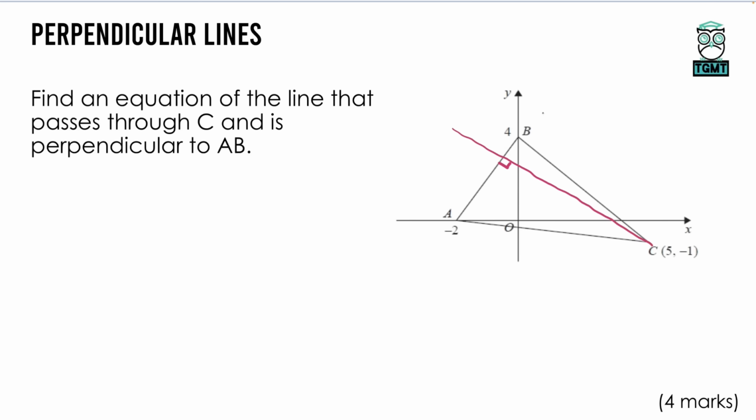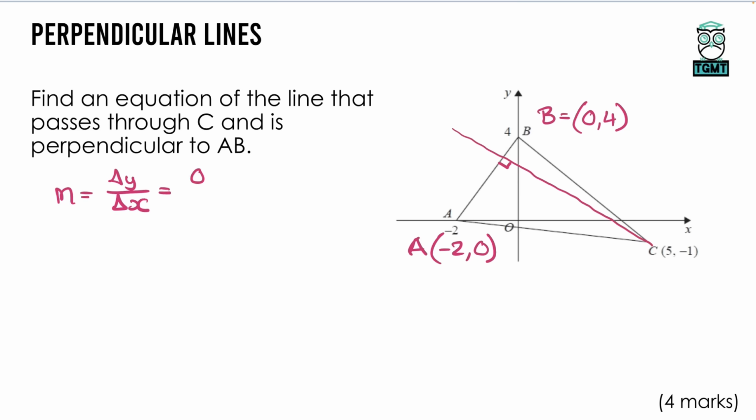Now B over here, the x-coordinate is 0, the y-coordinate is 4. A down here, the x-coordinate is -2 and the y-coordinate is 0. So if we want to find the gradient of AB, we can then find the gradient of this perpendicular line. For the gradient, we will do the change in y divided by the change in x. So here, the y-coordinates go from 0 to 4.